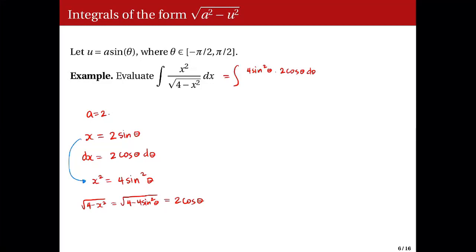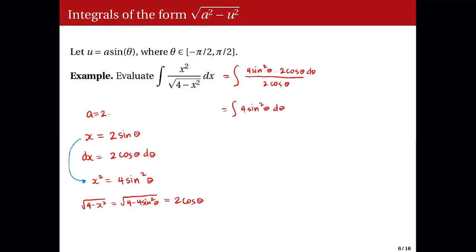And then the denominator here is 2 cosine theta. Therefore, if we simplify this, we'll have the integral of 4 sine squared theta d theta, so 2 cosine theta will cancel this guy here.